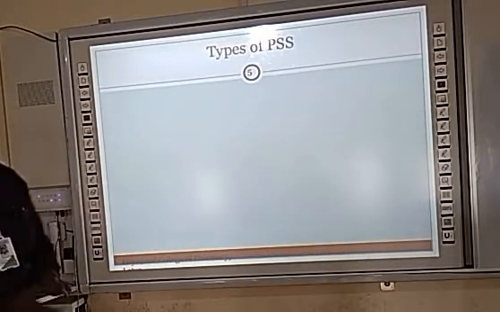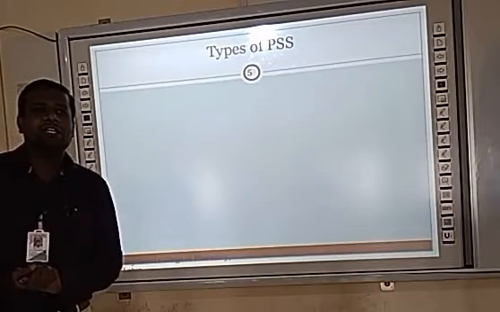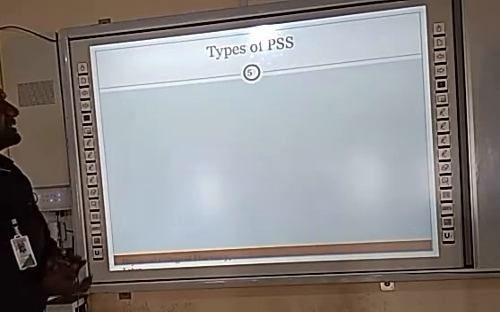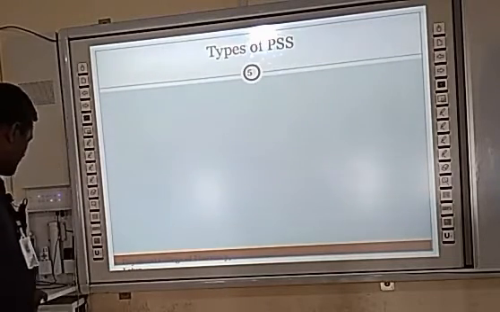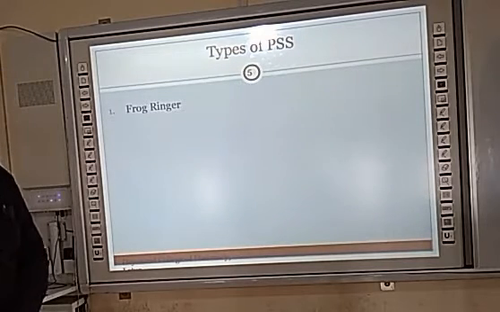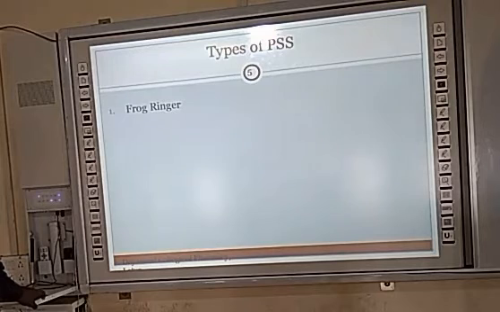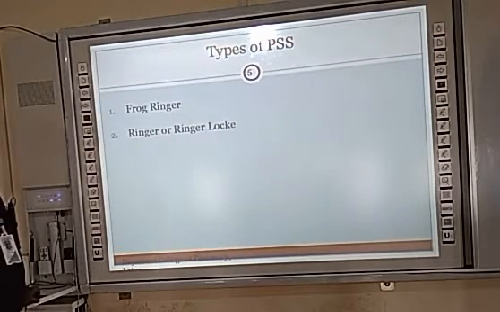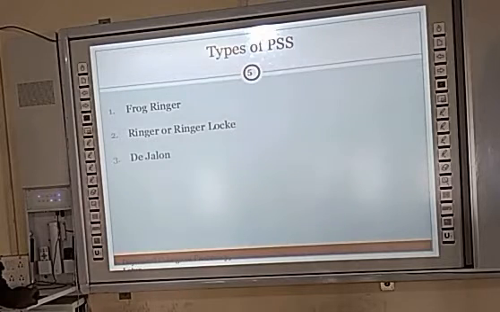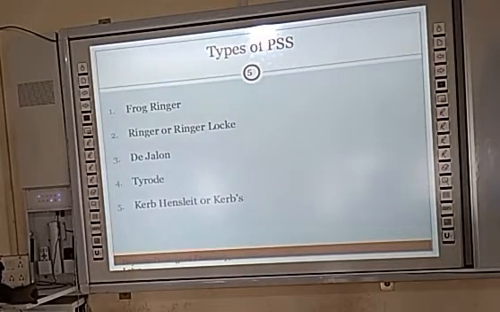So let me discuss the types of PSS. There are various types of physiological salt solutions. The first one is Frog-Ringer solution. Then Ringer or Ringer-Locke solution. Then De Jalon solution, then Tyrode solution, Krebs-Henseleit or Krebs solution, and the last one is McEwen solution.